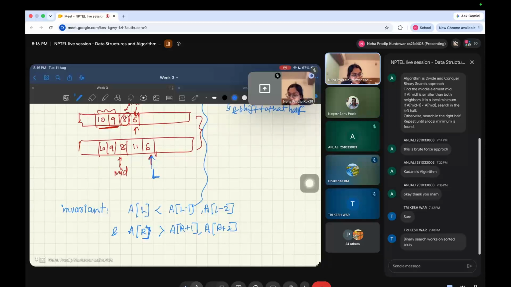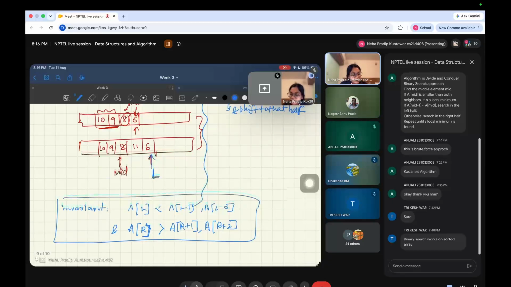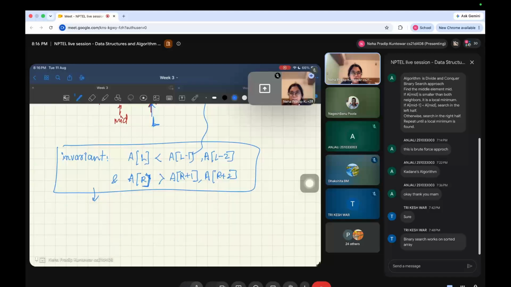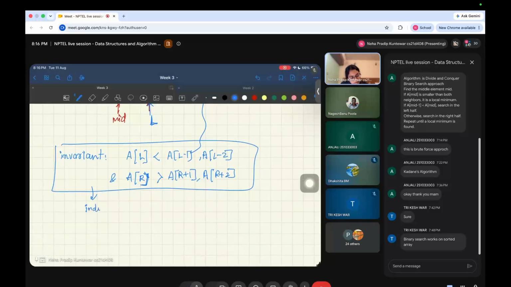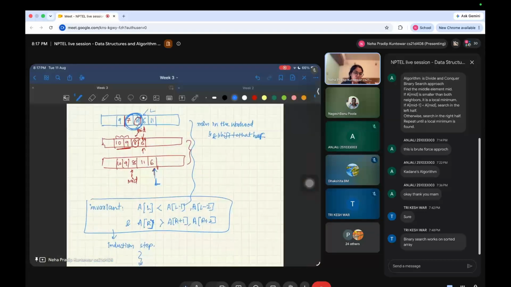If you apply your induction step similar to what you did earlier, then you will eventually end up with a 2 local minima, and the time complexity would still be order log n because you are halving in both the cases.